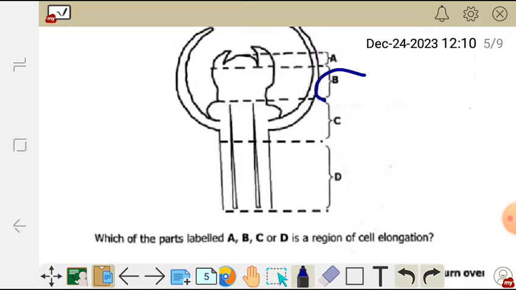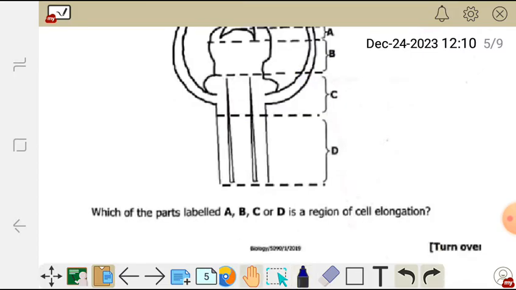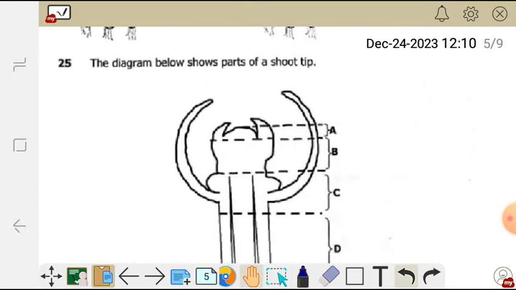So the correct answer here is B. B is the region of cell elongation. A is the region of cell differentiation. Cells are going to differentiate, and then from there they're going to enlarge and elongate in B. In C, we have cell specialization. So elongation is in B. The correct answer there is B for question 25.